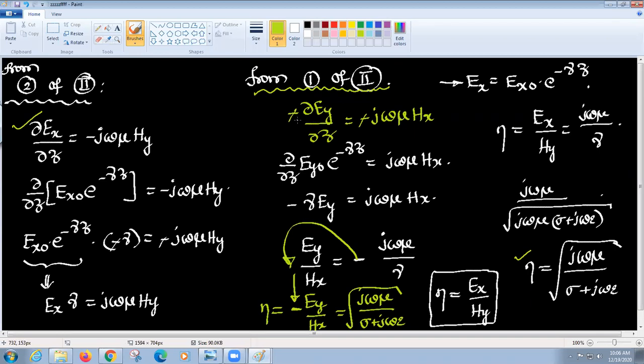So you have this equation: minus dou Ey by dou z equal to minus j omega mu Hx. I know what my Ey is: Ey is equal to Ey naught e power minus gamma z. You differentiate this with respect to z, so you get minus gamma Ey is equal to this.